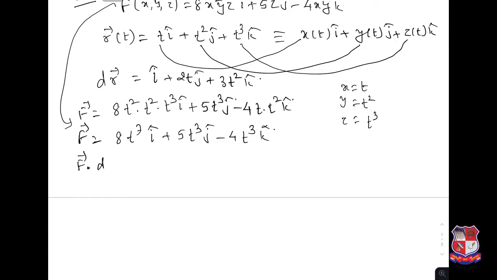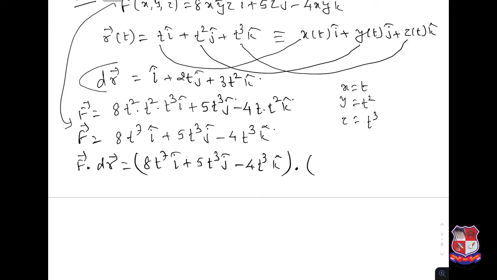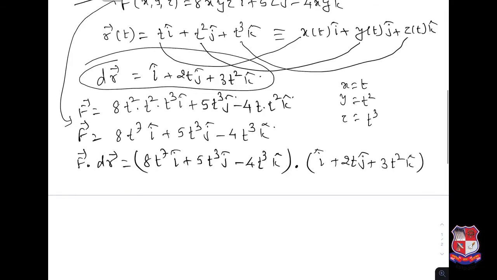It is 8 t power 7 i plus 5 t cube j minus 4 t cube k, this is f, then dot dr, which is i caret plus 2t j caret plus 3 t square k caret.